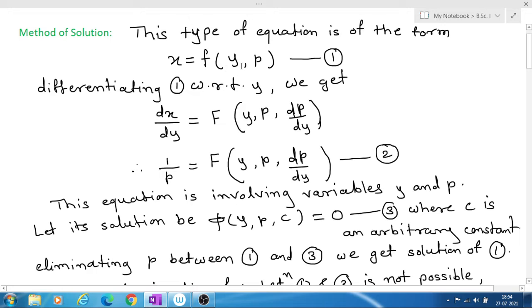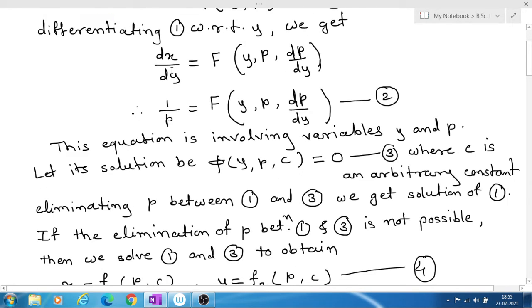Since the equation contains y and p, the derivative also contains y, p, and derivative of this p, that is dp by dy. Since p is a function of x and y, both variables, we have to differentiate this p with respect to y. Therefore it is dp by dy.